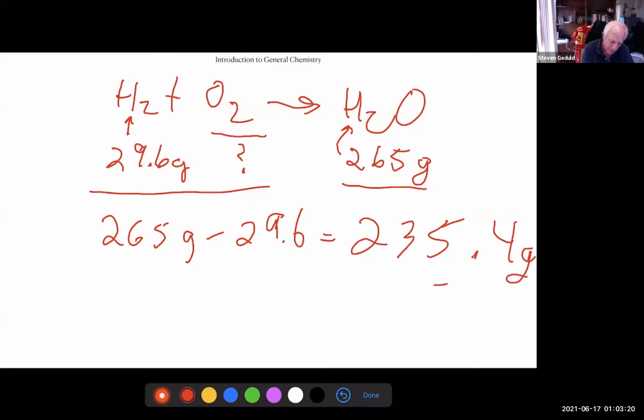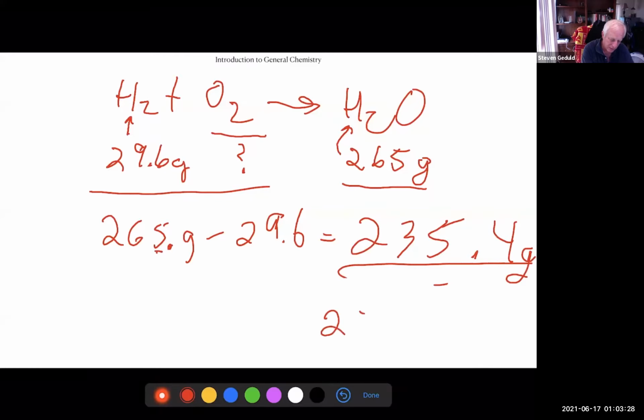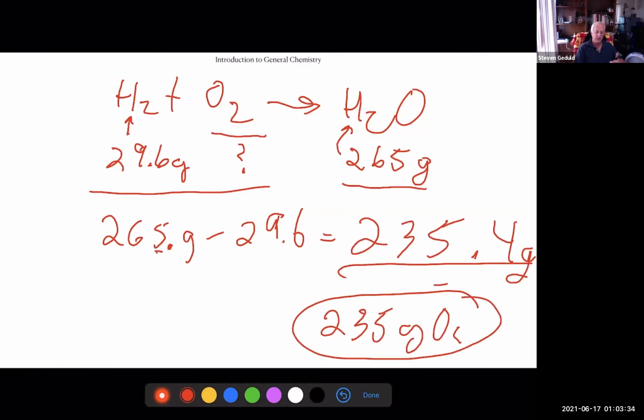But you're only good to one place before the decimal, so it comes out to 235 grams of oxygen. This 235 plus 29.6 gives you 265 grams of water. The mass has to be the same on both sides. You cannot create or destroy mass in a chemical reaction.